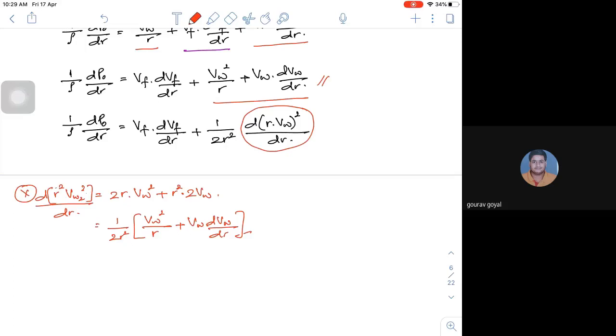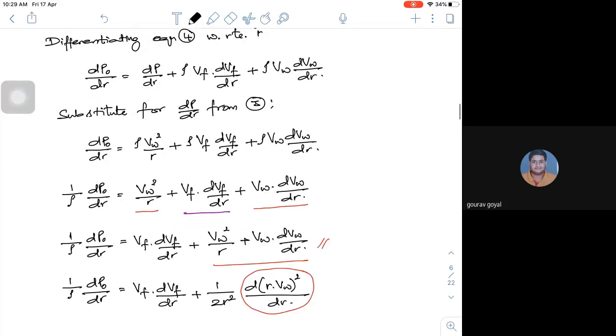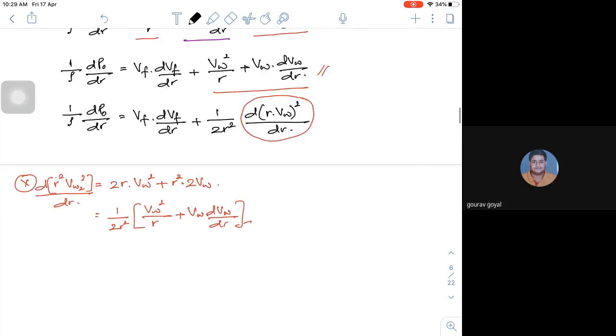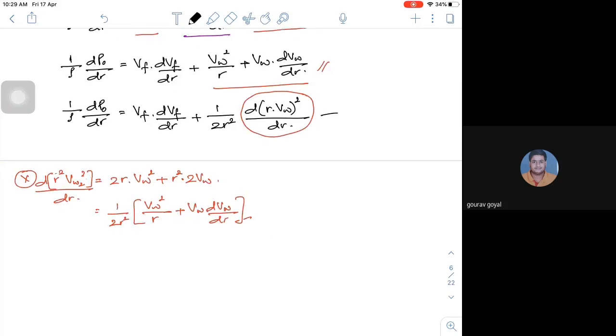Now I am calling this expression number 5. This equation is known as equation 5.